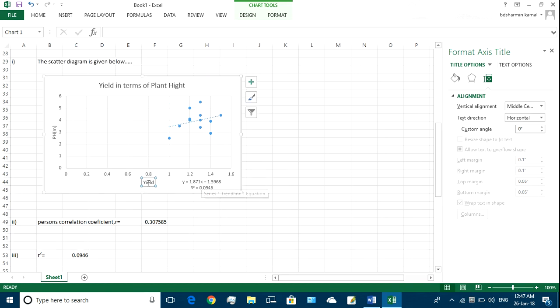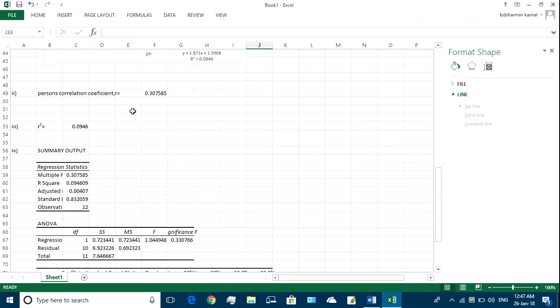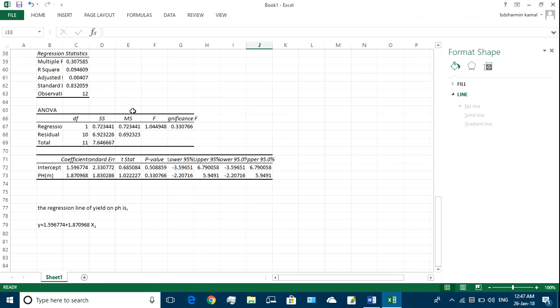This is plant height, pH, and this is yield. So this is our desired expression.